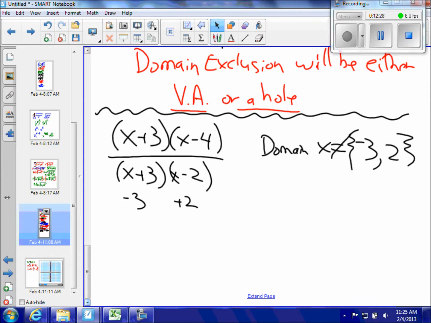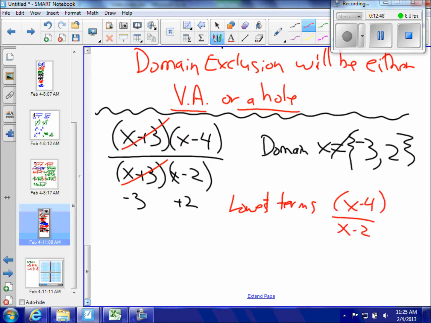But if I put this rational function into lowest terms, it means I'm going to cross off the x plus 3's. And in lowest terms, it will be x minus 4 over x minus 2. The part in the denominator that gets crossed off, that is where there will be a hole.